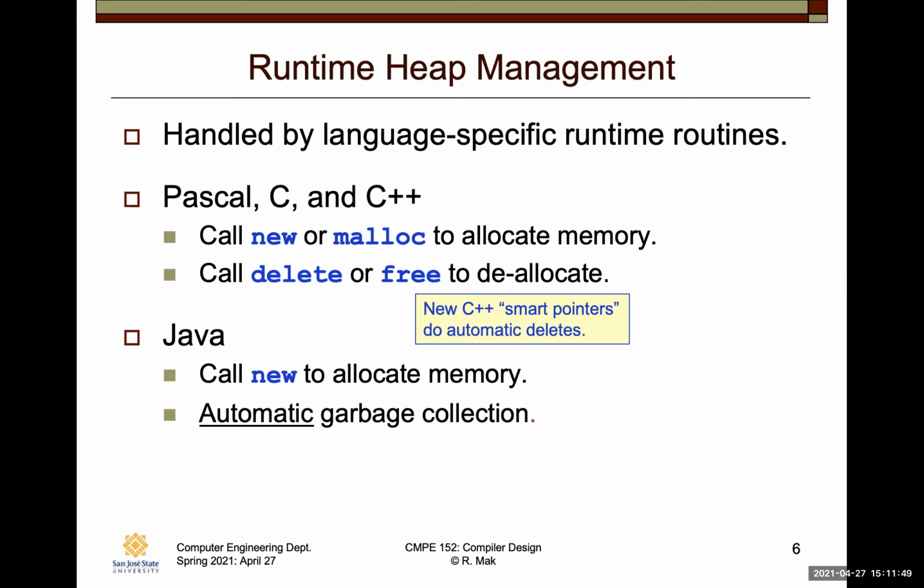So it's almost like garbage collection, but not quite, and you do have to use what are known as smart pointers. In my 135 class, I will cover smart pointers. All right, so heap management is something that if you're going to write a compiler for a language, you have to consider.